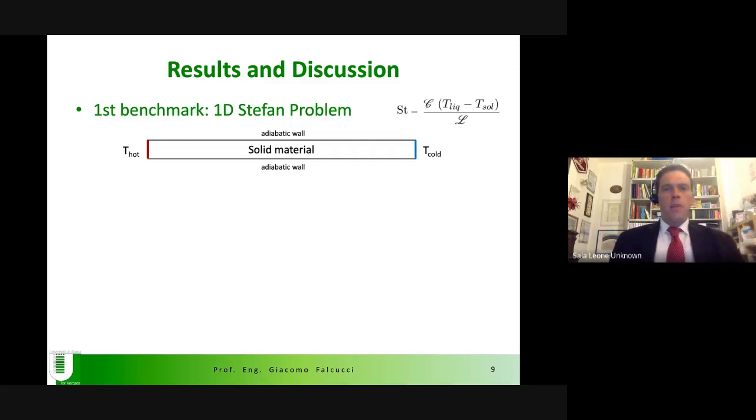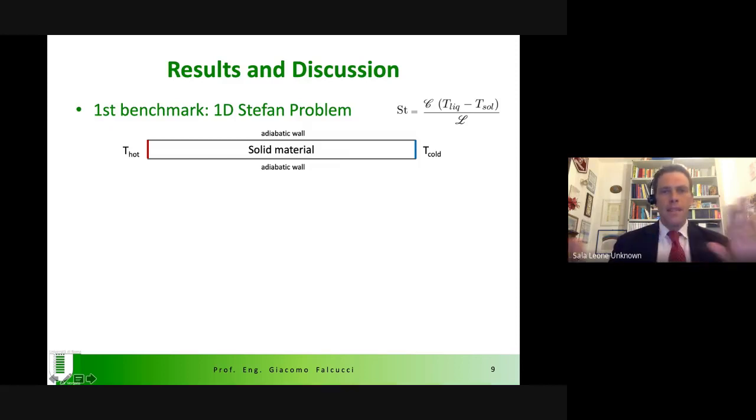The first benchmark that we faced is the very basic one, the 1D Stefan problem. You see here a sketch: you have a slab of solid material with adiabatic walls up and down, and the left wall is heated, so you impose a constant hot temperature, higher than the solid material, and the other end of the slab is kept at a constant temperature, which we call T cold, which is also the starting temperature of the solid material.